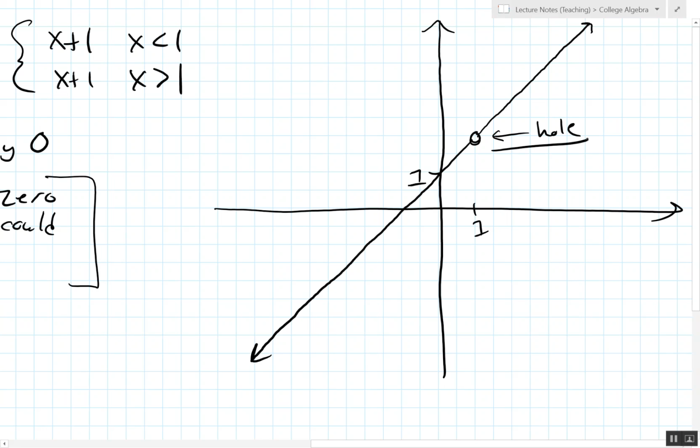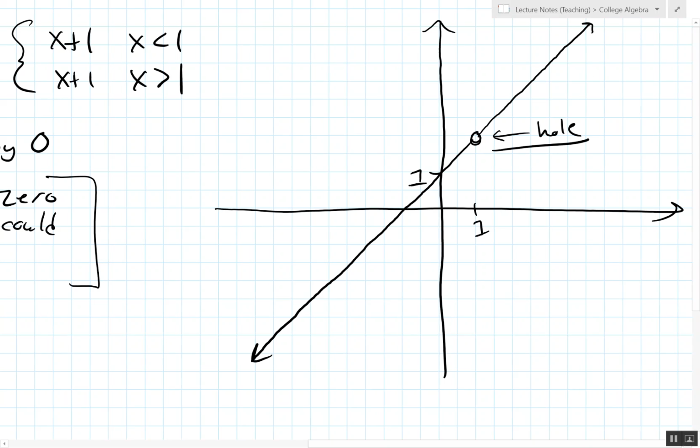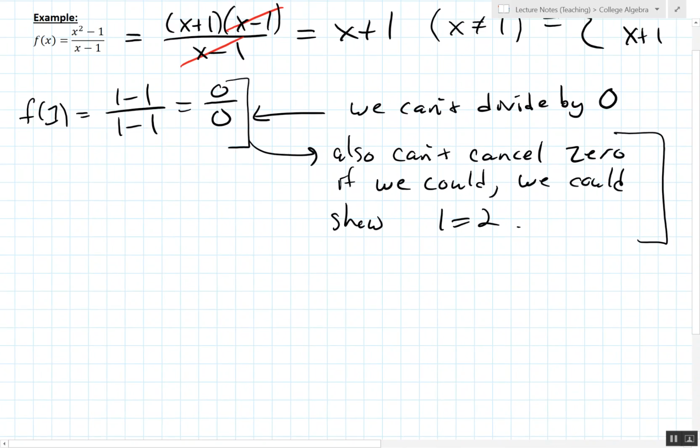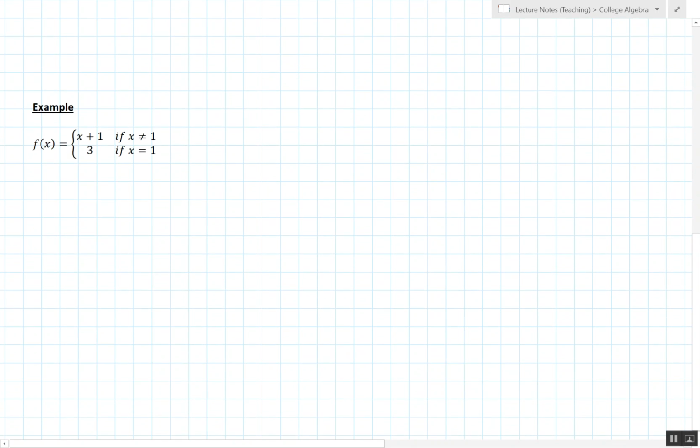And sometimes we like to define what that value is, so we have a hole in the graph at x equals 1, and sometimes what we would like to do is maybe either fill in the hole or define some other y-coordinate to be the functional value at 1. And so that's the point of this next example, that we want to graph this function.